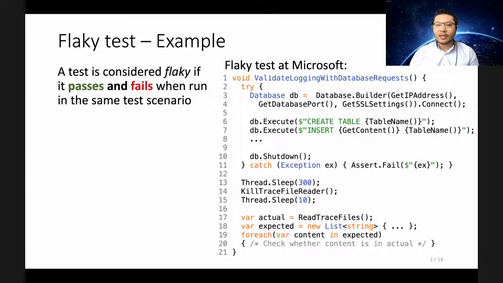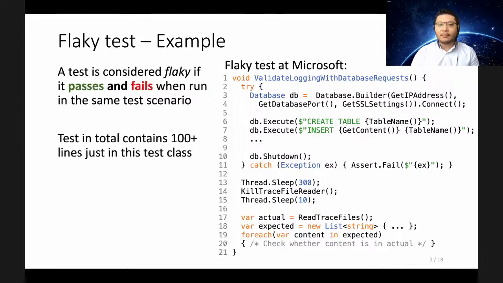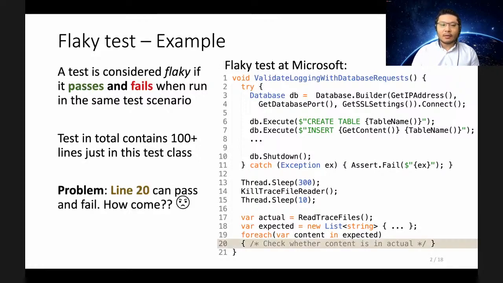On the right-hand side of the slide, we have a flaky test from a Microsoft product. This test by itself contains over 100 lines of code in the test class. The problem is that at line 20, it can pass and fail, and immediately it's not clear why.